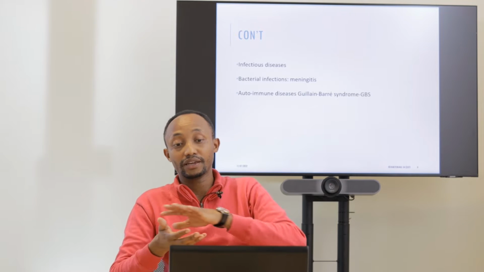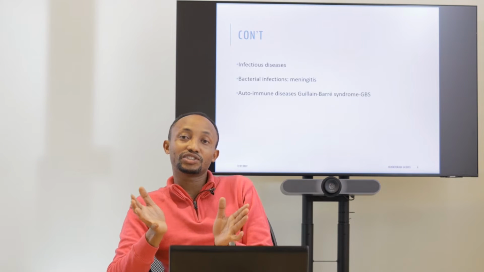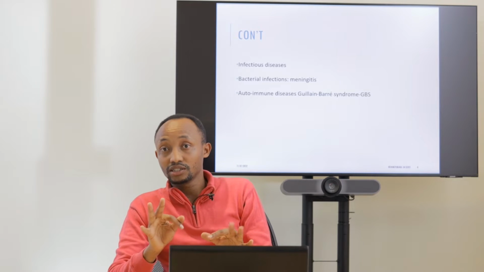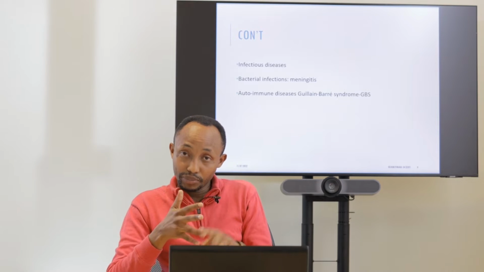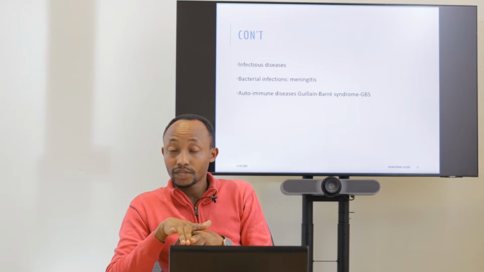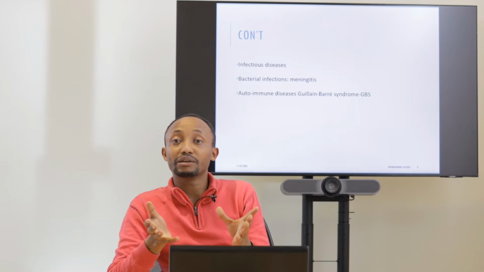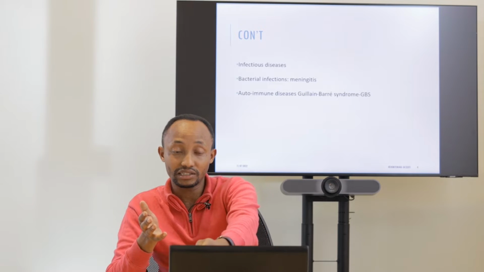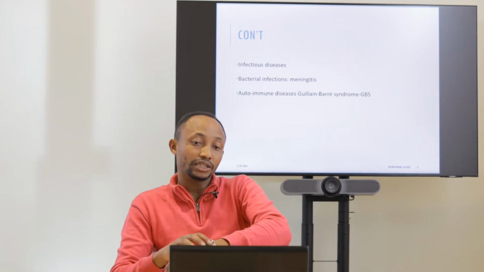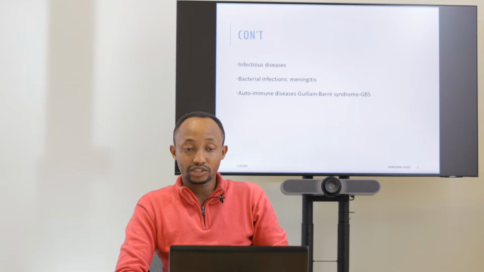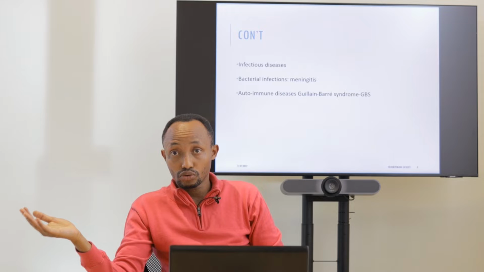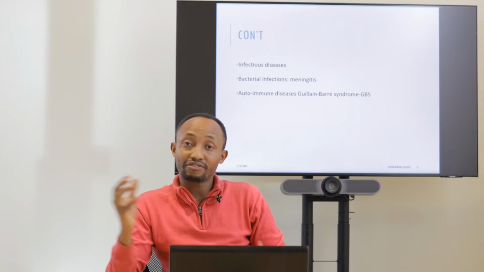The meninges are the layers which cover the brain and the spinal cord. We have three layers: the dura mater, the pia mater, and the arachnoid. Those meninges can be inflamed. That's why meningitis: by the term, meninges, itis means inflammation. They can be inflamed as a result of a bacteria or a virus, and they lead to pathological conditions which affect the nervous system.